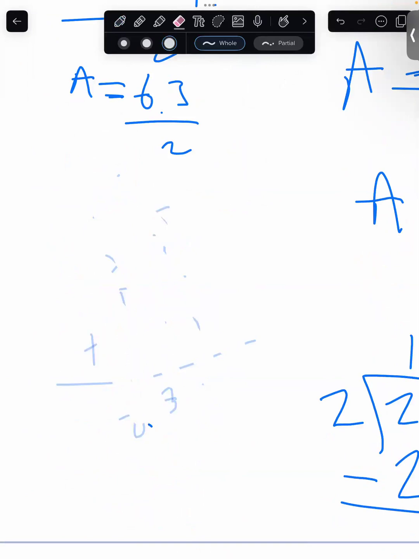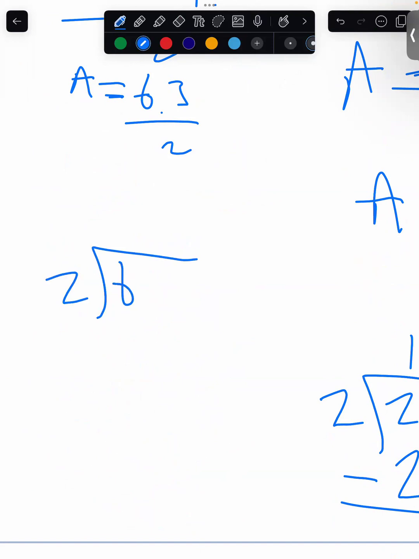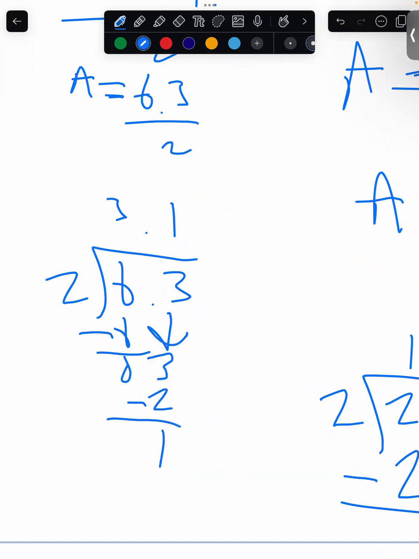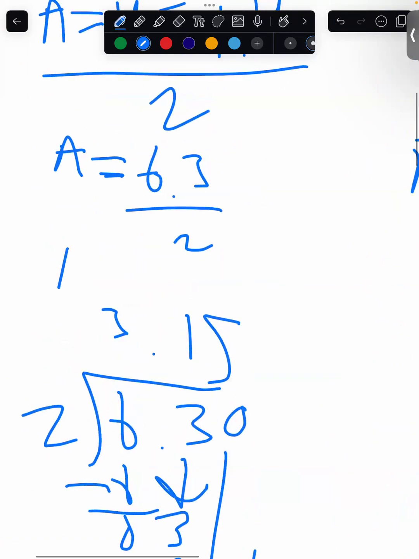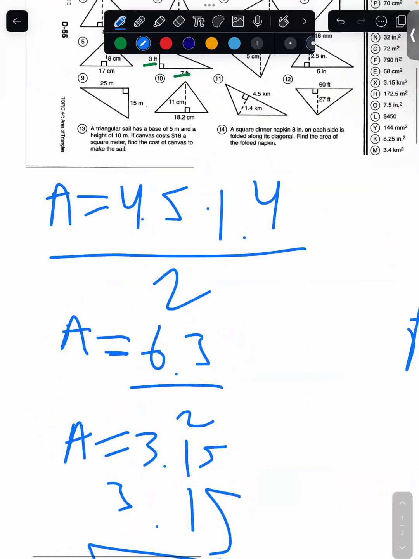Should be 3.15, but I need to show the work. Top dog in the doghouse. 2 times 3 is 6. Okay, bring the decimal up. 2 times 1 is 2. Okay, add a 0 because we're not finished here. 2 times 5 is 10. And no remainder, so 3.15. All right, and that would be square kilometers.